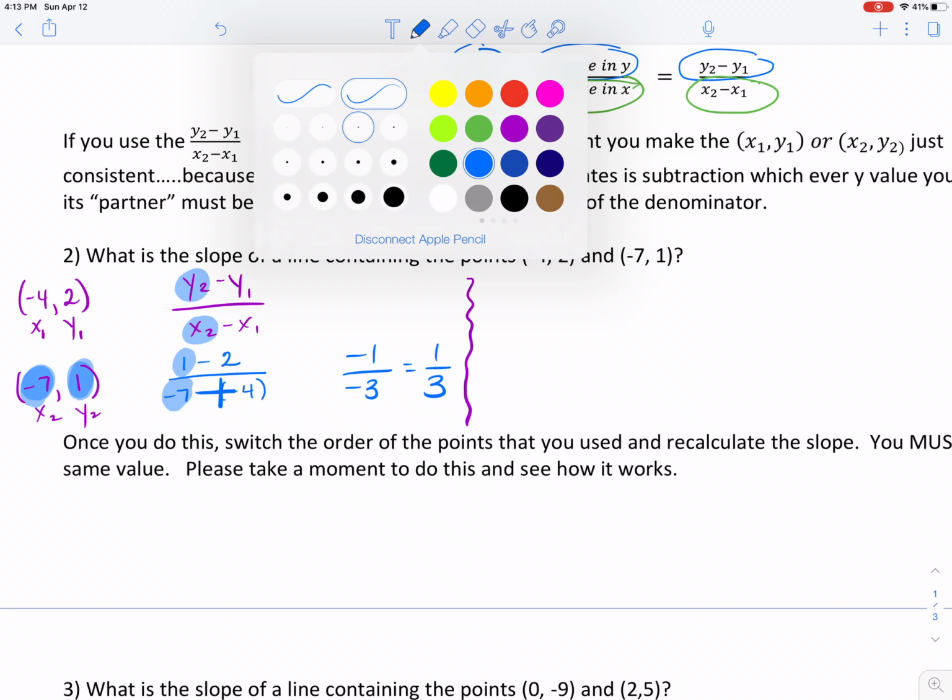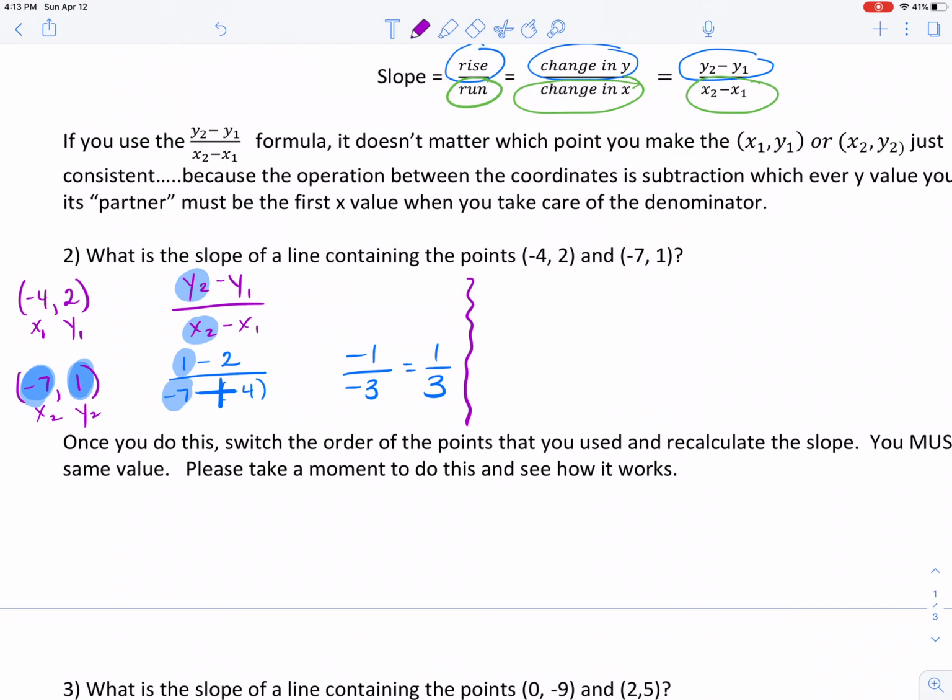Well, let's flip-flop it. Let's say that we're going to use the -7, 1 as our x1, y1, and the -4, 2 as our x2, y2. We are going to get the same answer. If I subtract the y's, y2 minus y1, now I'm going to start with 2 minus 1.